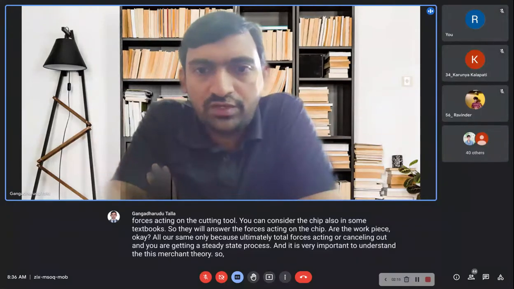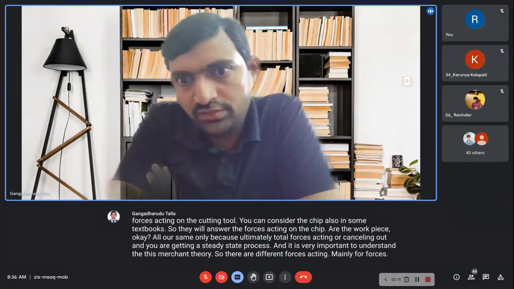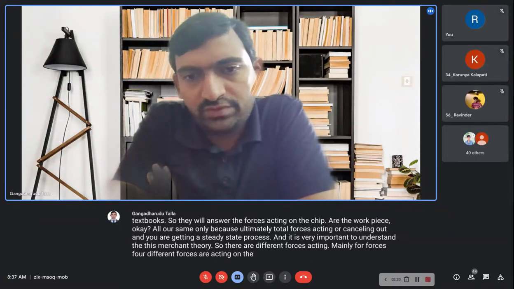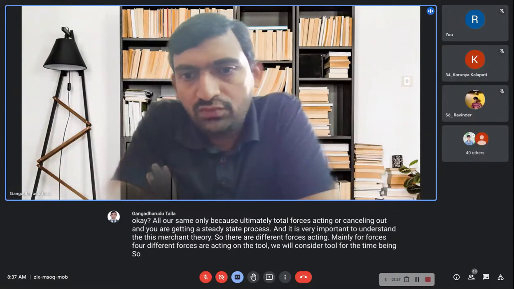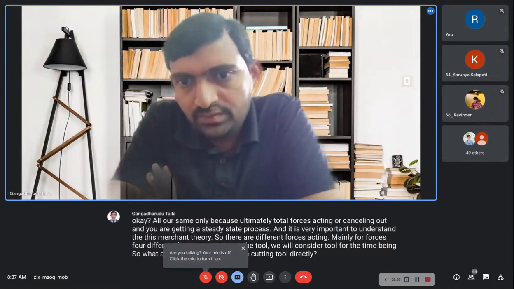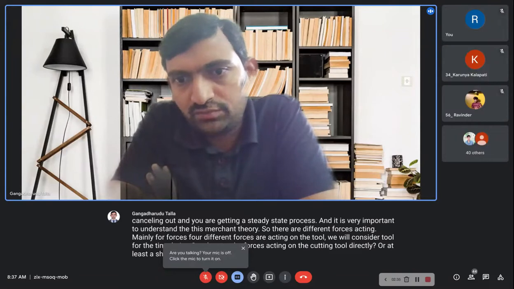So there are different forces acting, mainly four different forces are acting on the tool. We will consider tool for the time being. So what are the forces acting on the cutting tool directly? Or at least at the chip tool interface. What are the forces acting?